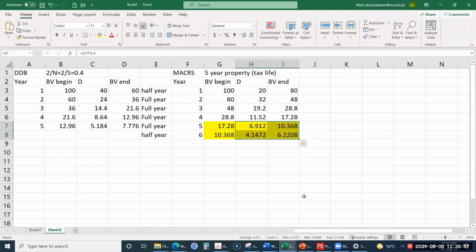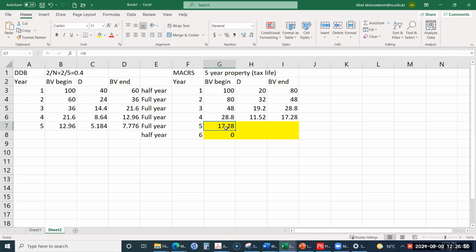So if we want to make the salvage value 0, we have to depreciate this asset by some other method. So what is that method? At this point in time, what we have left is 1.5 years. So if we distribute this, how much do we have to depreciate? We have to depreciate this much amount, 17.28.